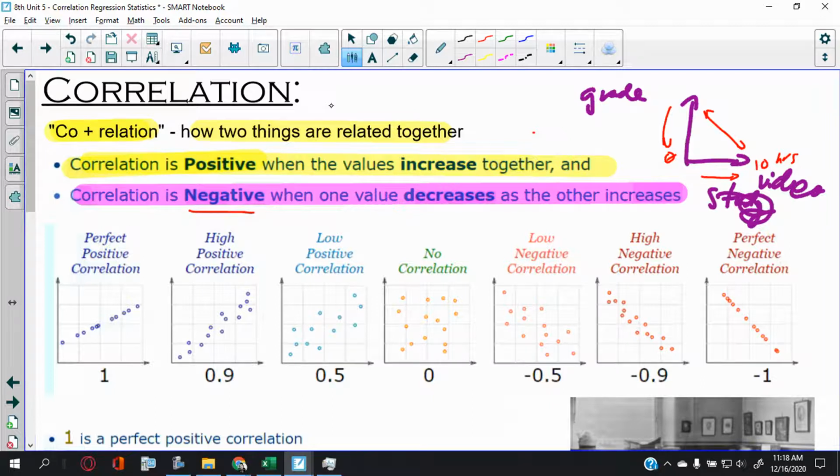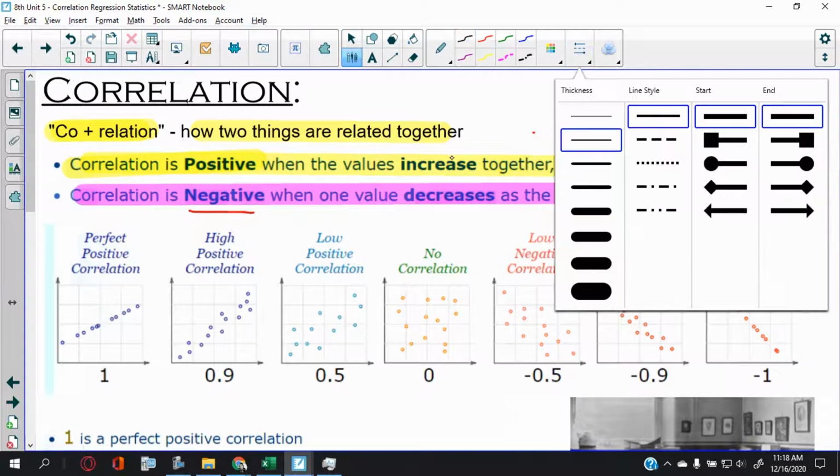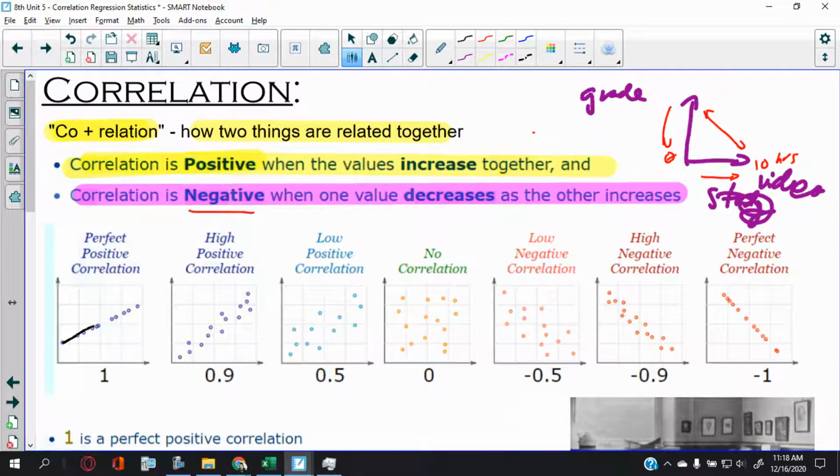All right, now let's talk about what they look like in terms of the graph, like the one we did yesterday with height and weight. So here, as you can see, there's positive correlation for this graph. Moreover, it's so positive that the graph is perfectly straight.